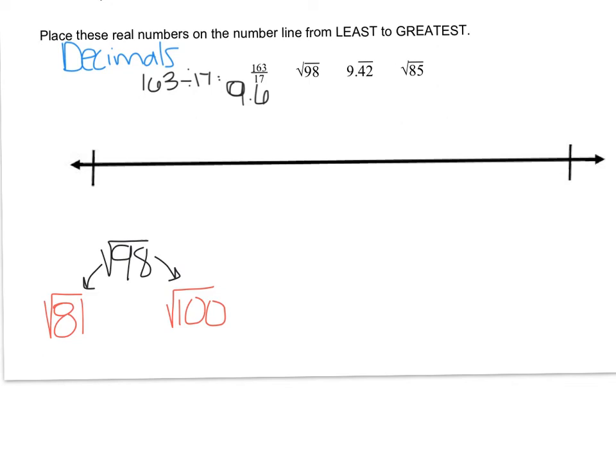It's pretty clear that this is only 2 away. It's way more away from your 81. So don't even mess with it. Just know that the square root of 81 is 9, the square root of 100 is 10. So your square root of 98 is going to be somewhere between those two numbers.